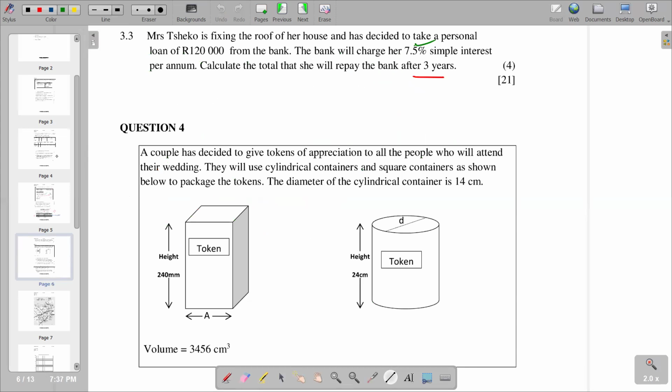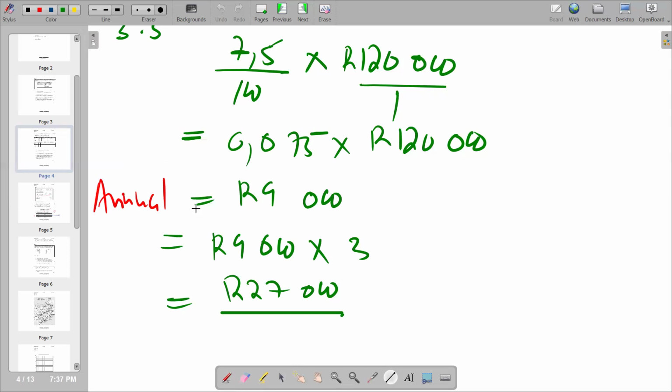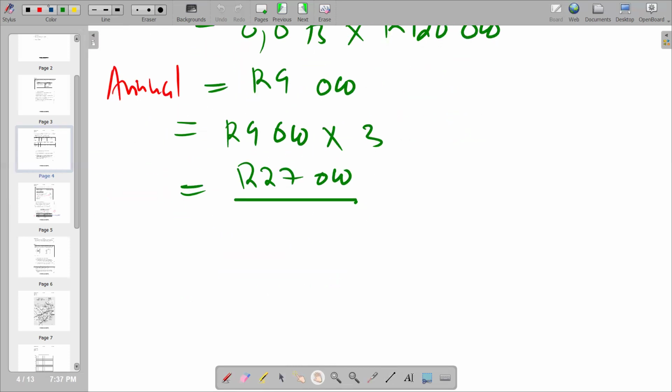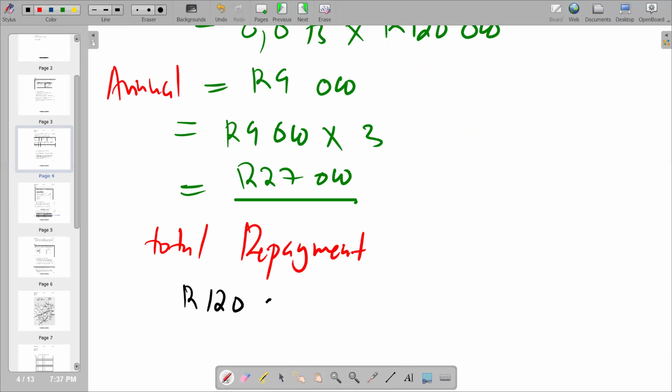Okay, so the total that will be repaid after 3 years, we are now adding the principal, which is 120,000. So to say total repayment, on total repayment we are now saying 120,000 plus 27,000.